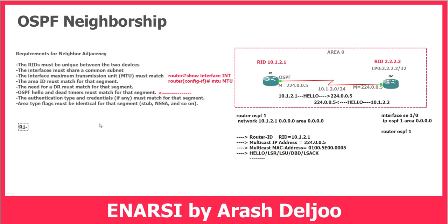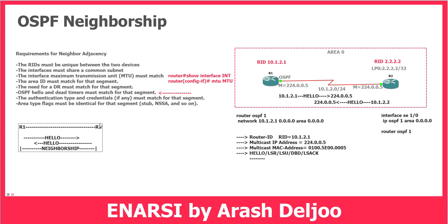Look at here. Assume that here we have router 1 and router 2. You know that when we are configuring OSPF on the router 1 interface, we are sending hello to router 2. And also we are receiving hello from router 2. And after checking these neighborship conditions, we will have the neighborship or adjacency between these two routers.